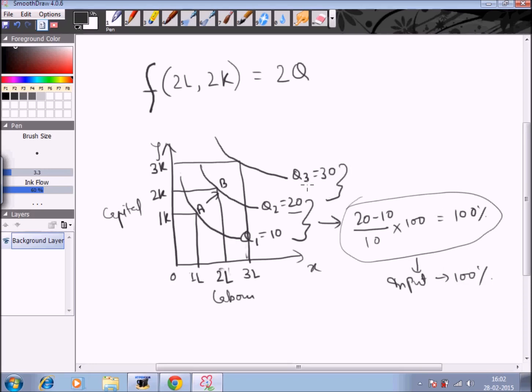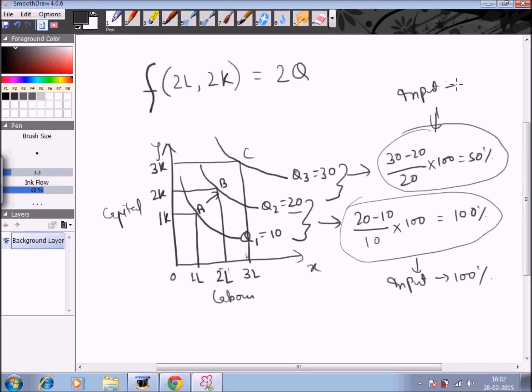Similarly, from B to C, the change in quantity of output produced is 50%, and here I have increased the input also by 50%.